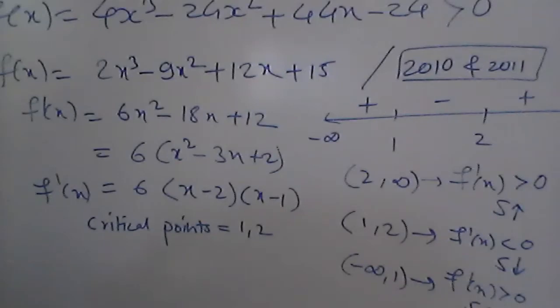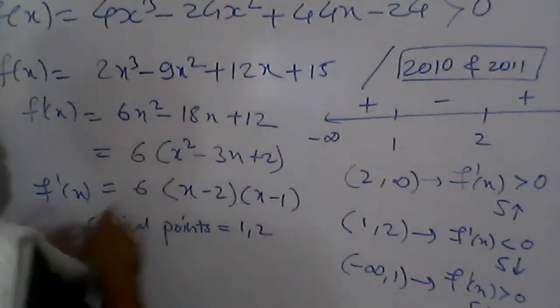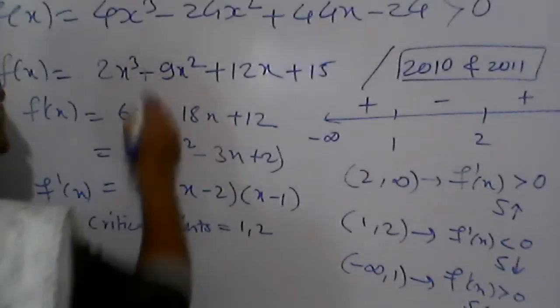Find the intervals in which f of x equals 2x cube plus 9x square, this is plus here now, plus 9x square.